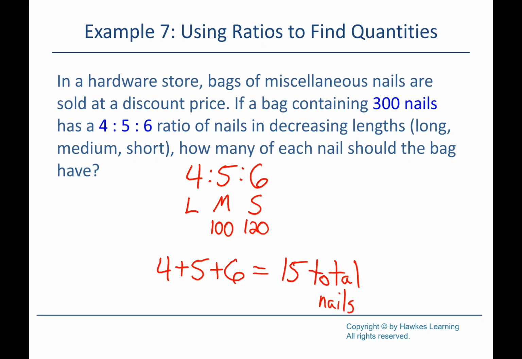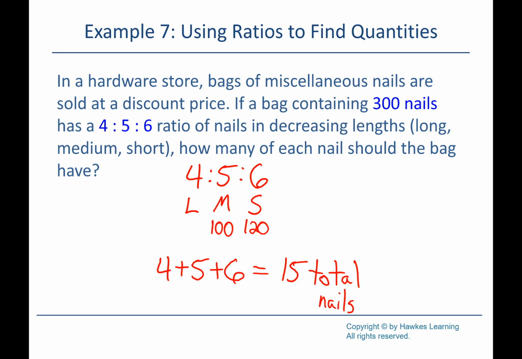Then how can we get large nails? Got several ways, but you could use the 6 and the 120, and then 4 and x. Or we got a simpler way. We don't even have to do ratios now. Yeah, we know we got a total of 300. We know we got 100 mediums, 120 shorts.